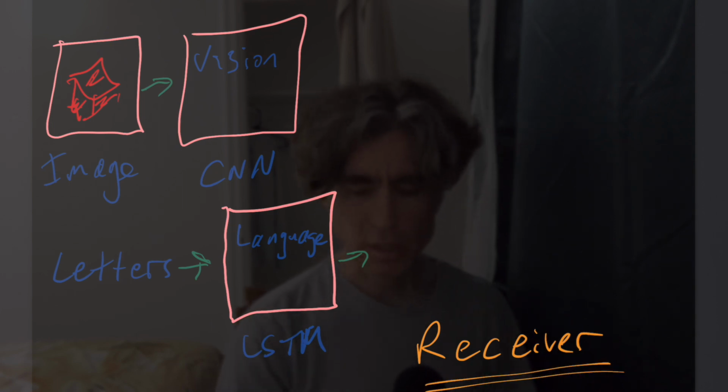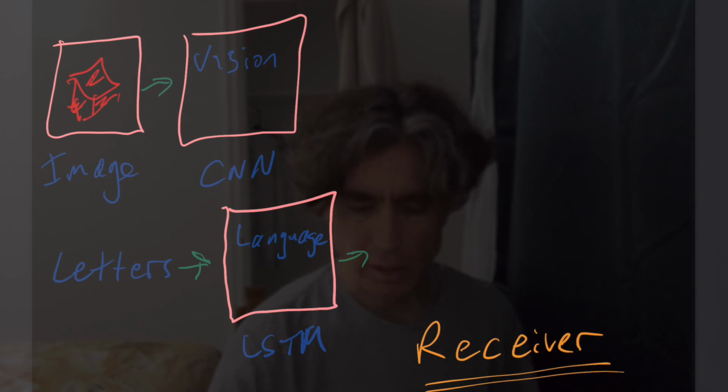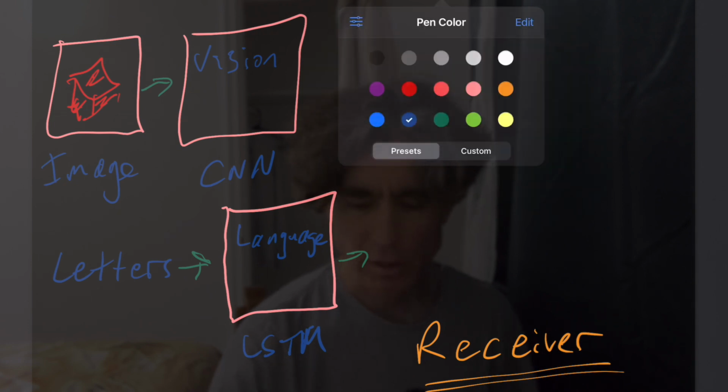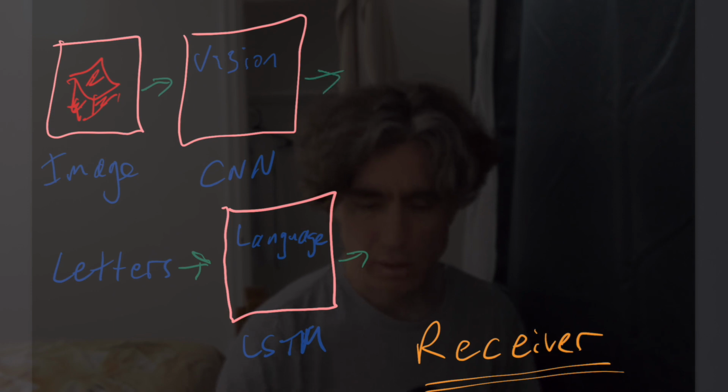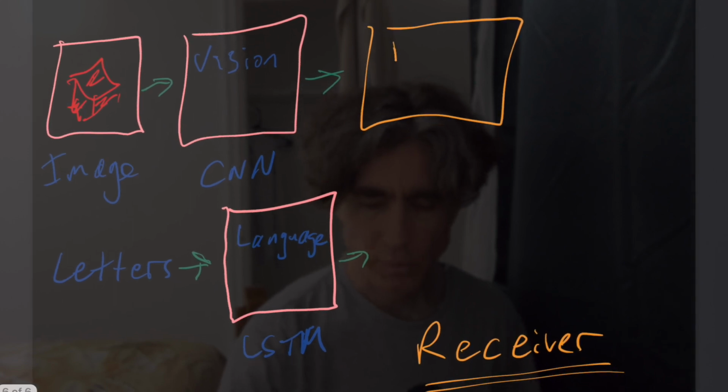So the receiver takes in an image, encodes that, and let's say it encodes that into some thought vector. So here we've got a thought vector that represents what the receiver is looking at.